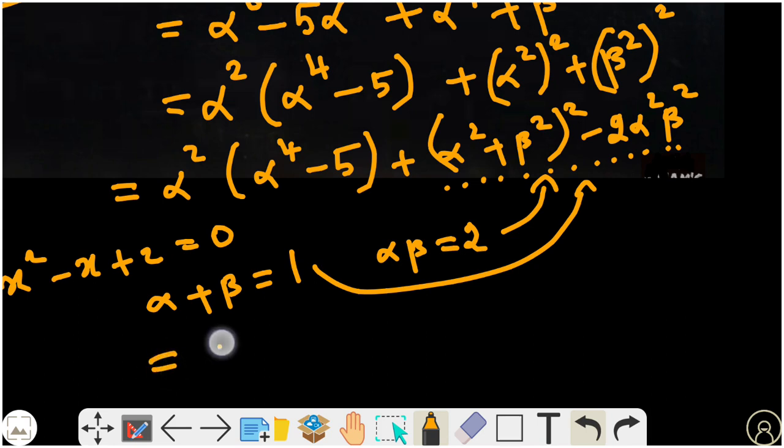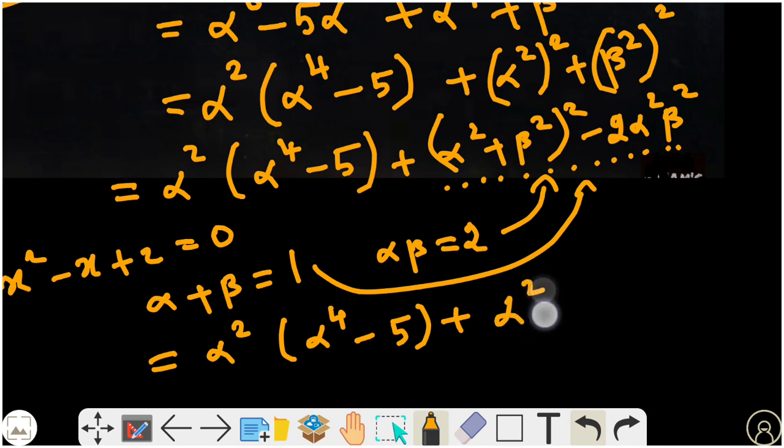So the first part is the same: alpha square into alpha power 4 minus 5 plus alpha square plus beta square, we don't know, just keep it as it is, alpha square plus beta square the whole square, still the same, minus 2 alpha beta. What is alpha beta? It is 2.